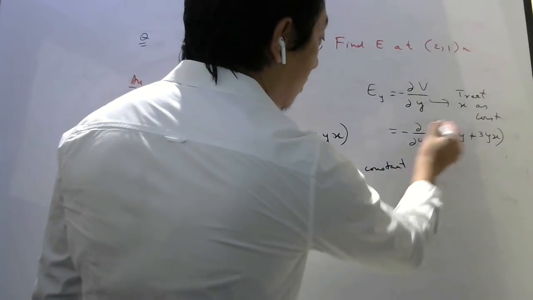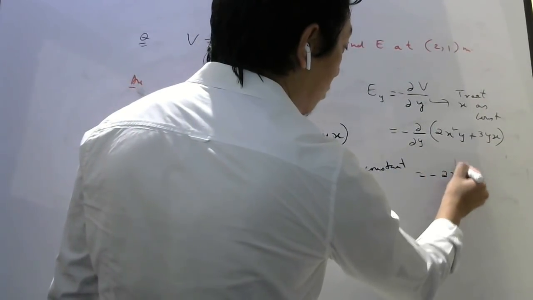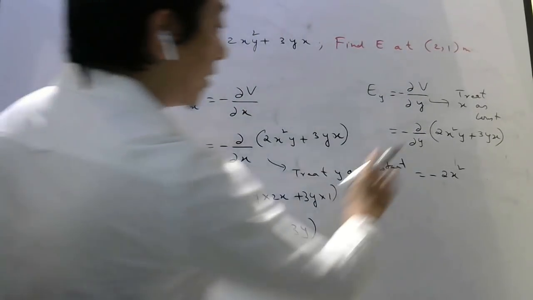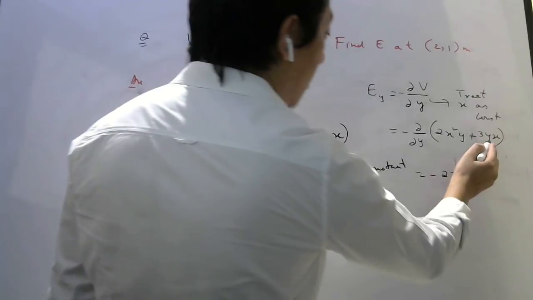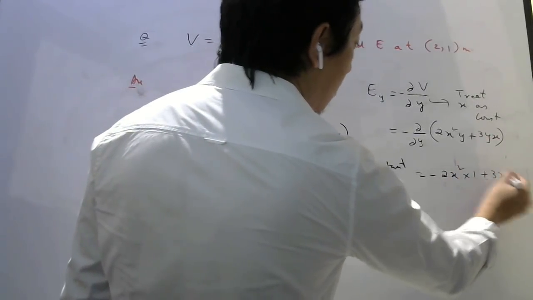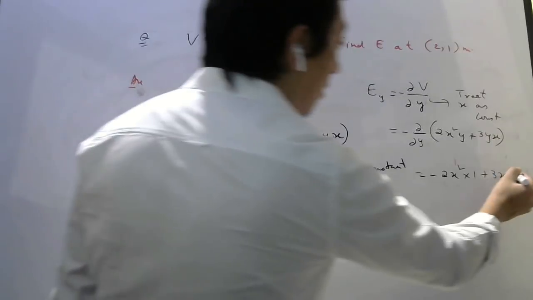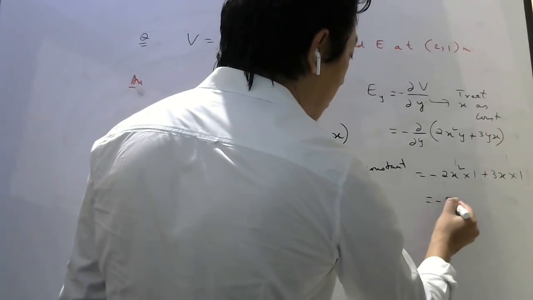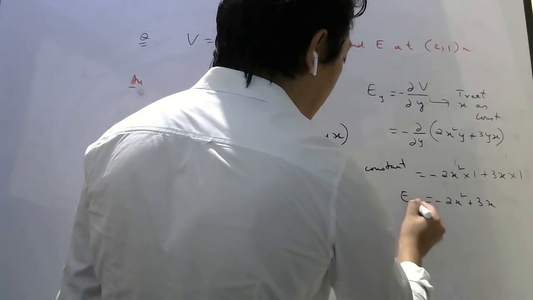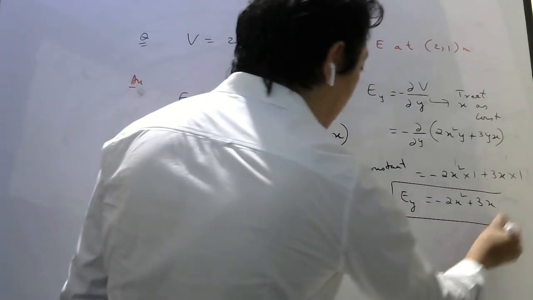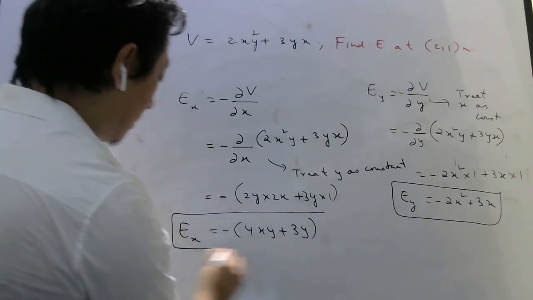So minus, first term, you see 2 will come out, x square will come out because x is constant. Derivative of y with respect to y will be 1, plus here x will come out, 3 will come out, differentiation of y with respect to y will be 1. So what will be the answer? 2x square plus 3x. So this is your Ey and this is your Ex.